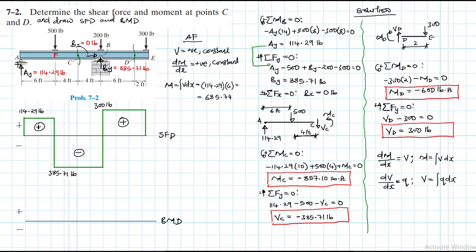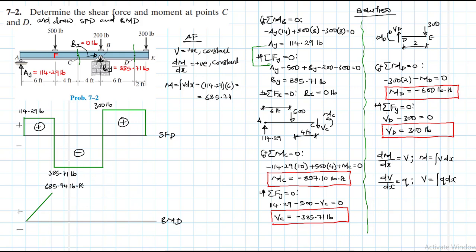So at A, boundary condition, we don't have any moment, therefore we are starting from 0. That's important, and then our slope is positive and constant. So let's say we go to that point like so. Let's say that is the point where we end. We say this value here is 685.74 pounds feet.